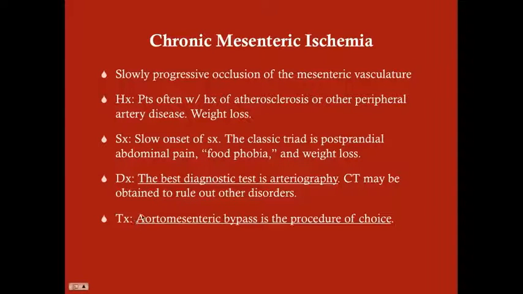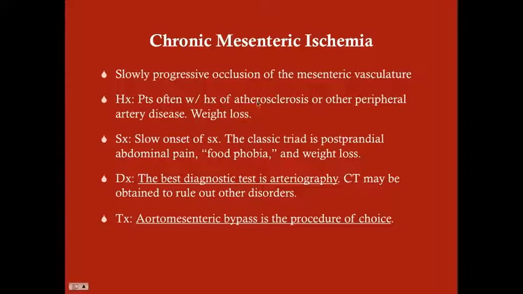And the treatment, because this is a chronic disease, because you've got atherosclerotic plaques, you're going to need to actually just do a bypass. You're not going to be able to take anything out. So we just do that same bypass that you saw if you had acute on chronic disease with the acute mesenteric ischemia. It's an aortomesenteric bypass.